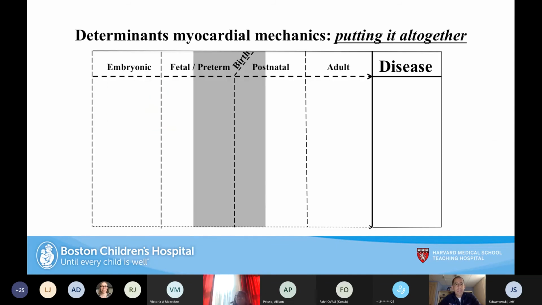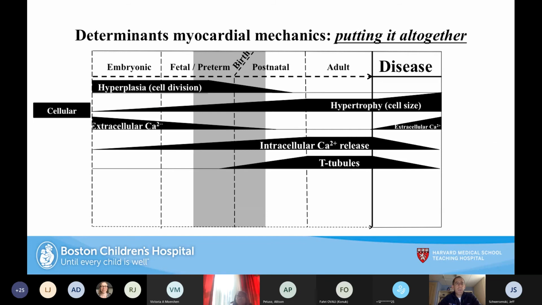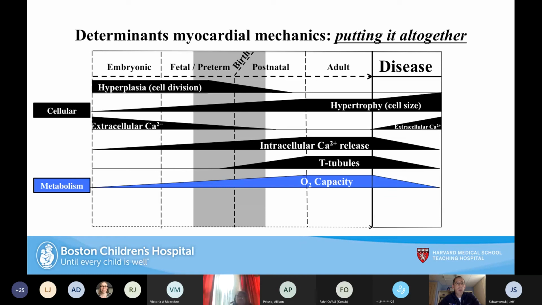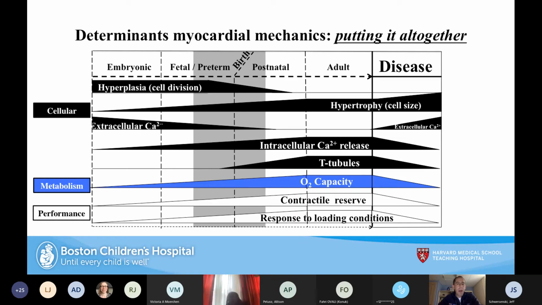So when you put it all together in this first part of the talk, it's important to understand that you have a cellular process that changes over time from the embryonic stage all the way to the adult stage. You have metabolism and oxygen capacity that will increase over time. And finally, how the preterm heart and the term heart and the adult heart respond to changes in loading conditions alters.